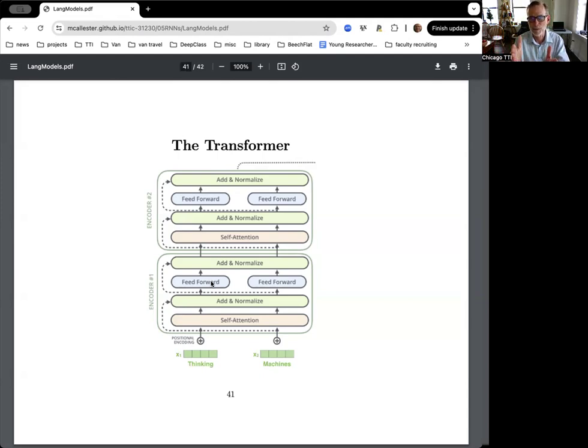So to prevent the system from looking into the future, you use something called causal masking, meaning when you compute the value vector at every position, you force the attention to only be over the preceding word tokens in the sequence. So no vector is looking into the future. That means the very first vector is computed just from the very first input. The second vector is computed from the first input and the second input, and so on.